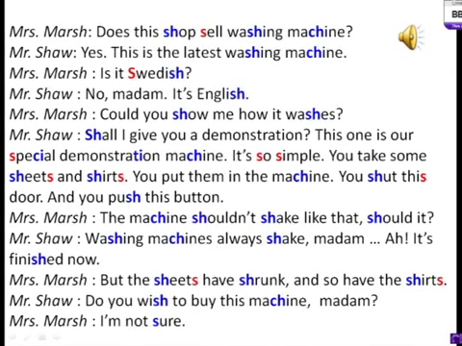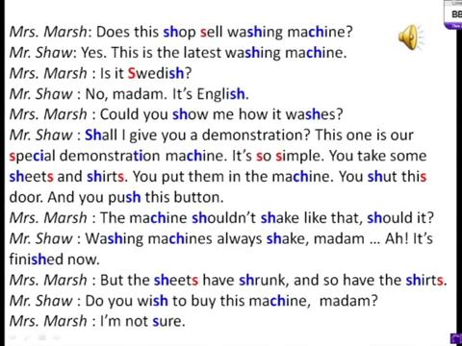3B. A special washing machine. Does this shop sell washing machines? Yes, this is the latest washing machine. Is it Swedish? No, madam, it's English. Could you show me how it washes? Shall I give you a demonstration? This one is our special demonstration machine. It's so simple.